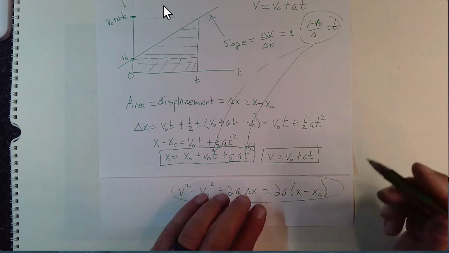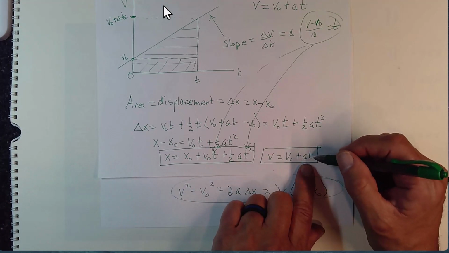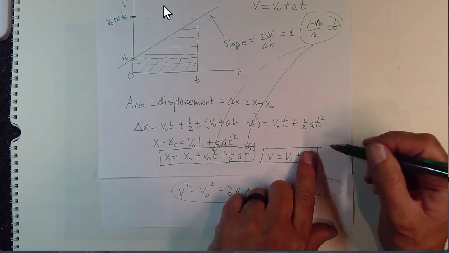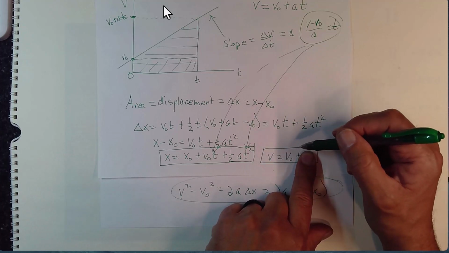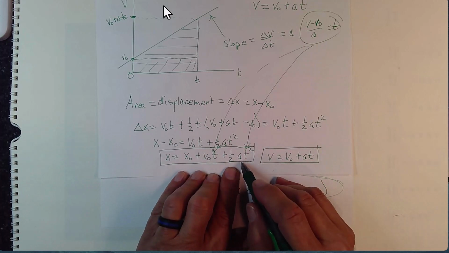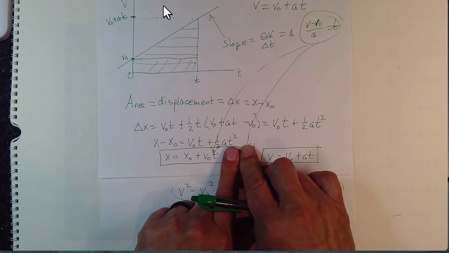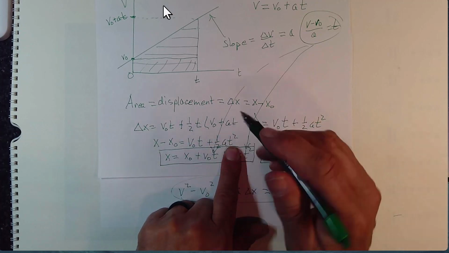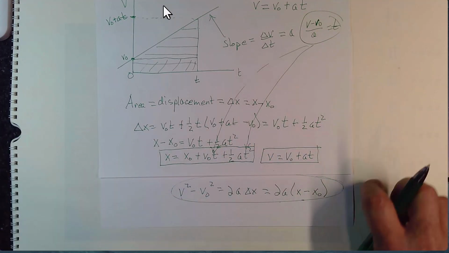But if there's no acceleration, then a is 0, this at term vanishes and you get v is v0. It's always v0 because it's constant velocity. In this equation here, a is 0, so this last part vanishes, and you just get x equals x0 plus v0 t, or vt is what we've been calling it. So this works for that as well.